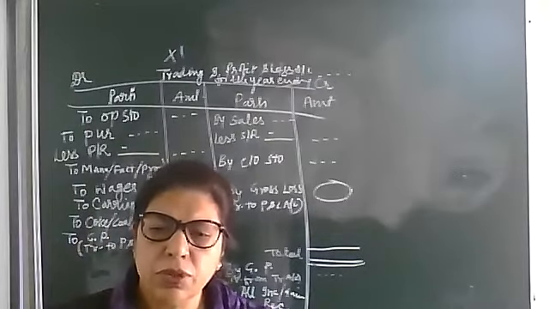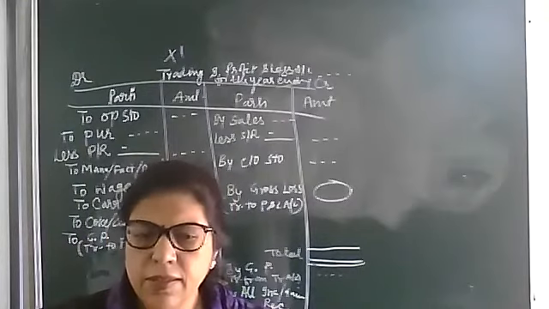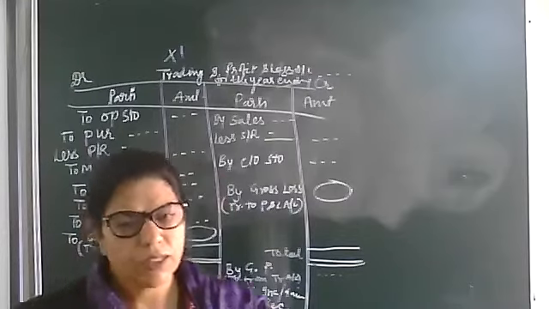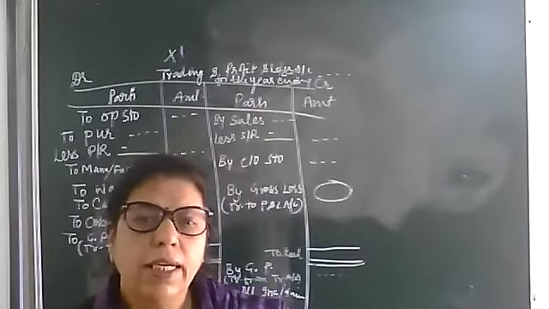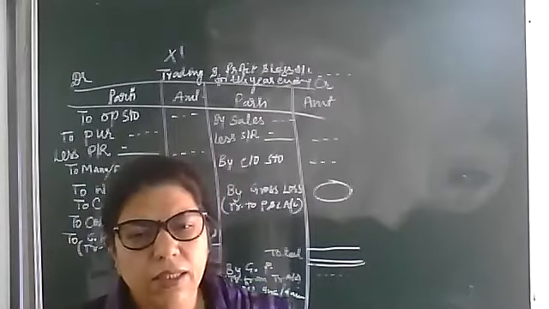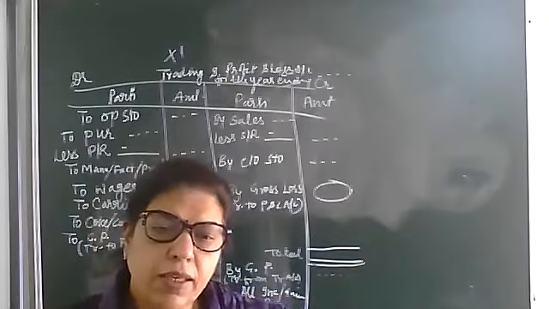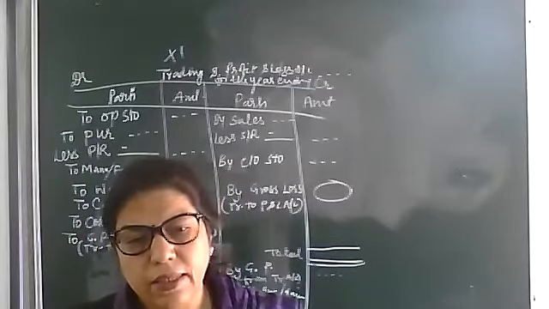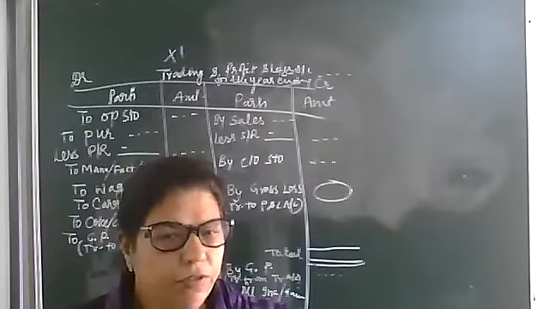Businessman can also gain through providing various services. If the businessman is a landlord, he can get the rent, that is earning, that is rent received. If he is investing in the bank, then he can get the interest, that is income of interest, interest received.